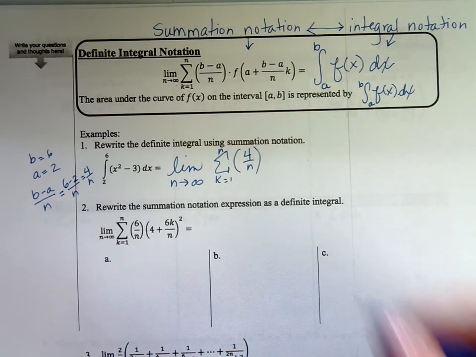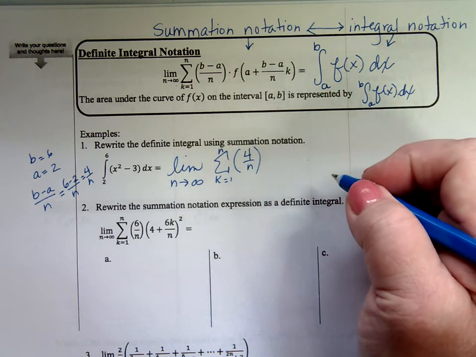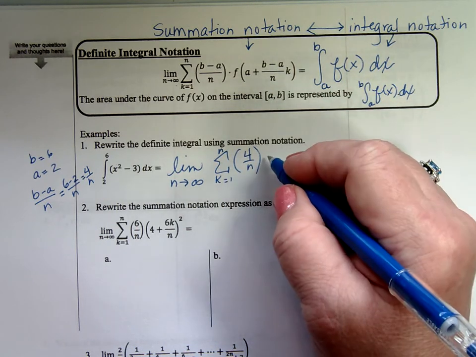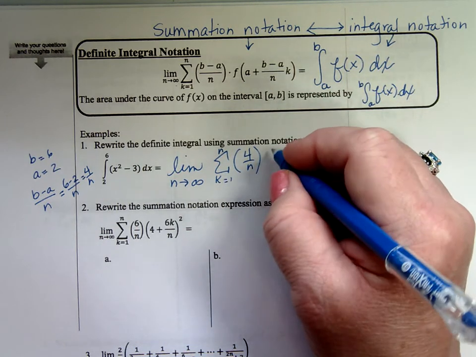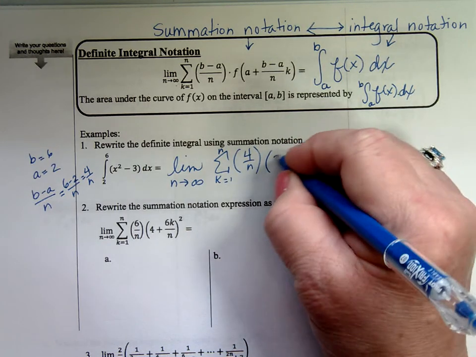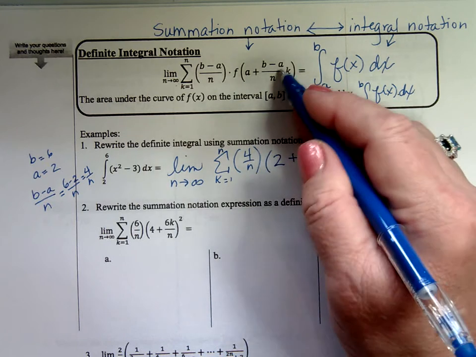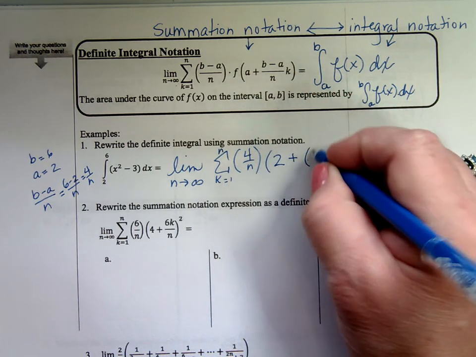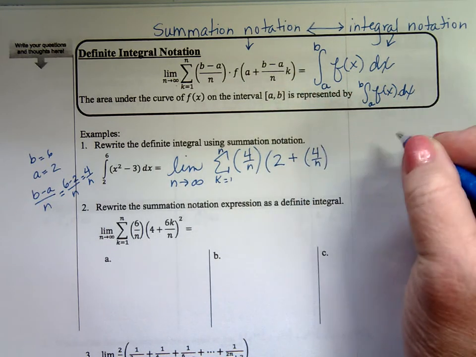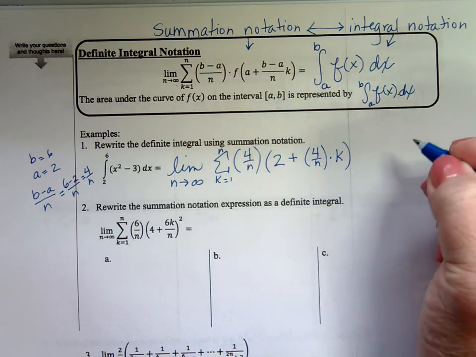And then it is f of, I don't need the f in there. It's going to be, because I'll show you why in a second, my a is 2 plus my b minus a over n, which is 4 over n, times k.